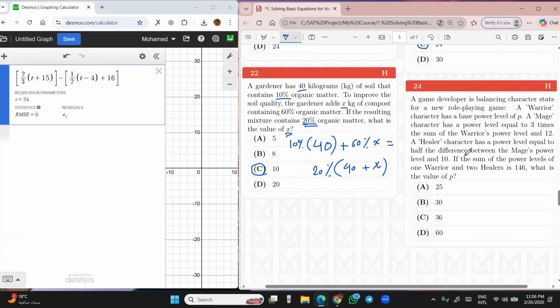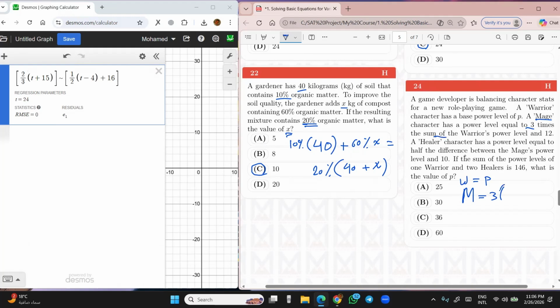Question 24. A game developer is balancing character stats for a new role-playing game. A warrior character has a base power level of P. Let's make it warrior has a power level of P. And then a mage character has a power level equals, and this is mage has a power level equals what? 3 times what?